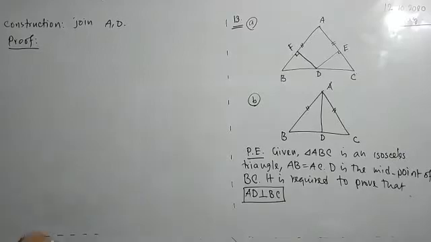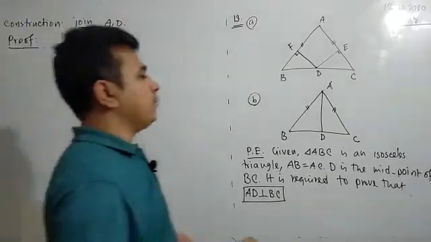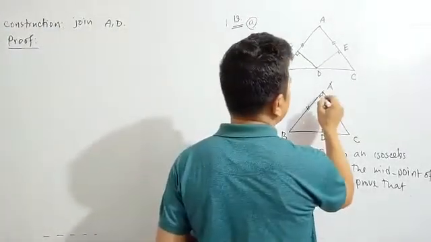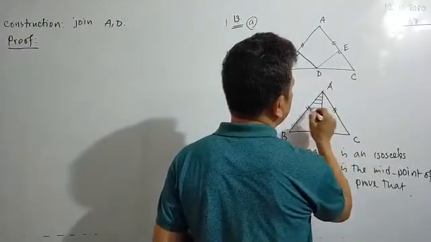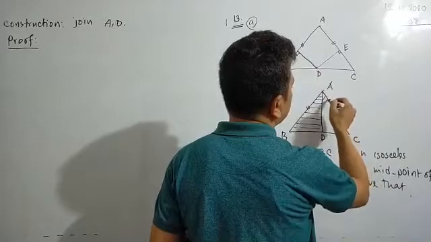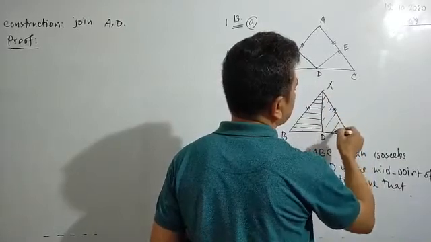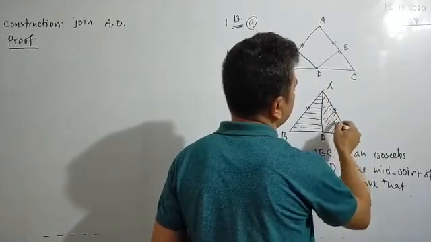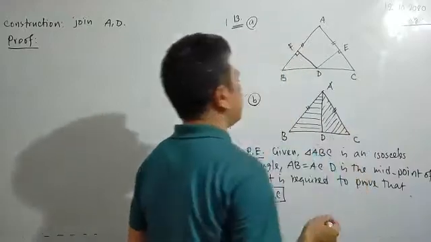So look at that here, in the proof we have 2 triangles. One triangle is here, this is one triangle, and another triangle is this one.